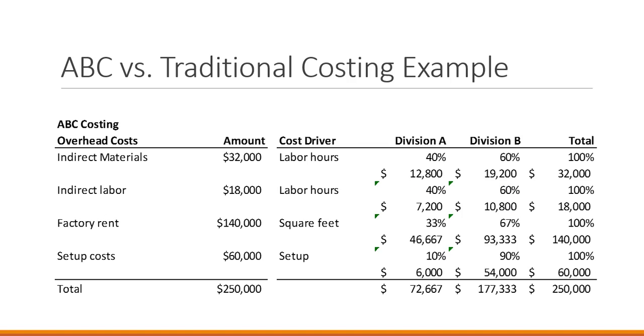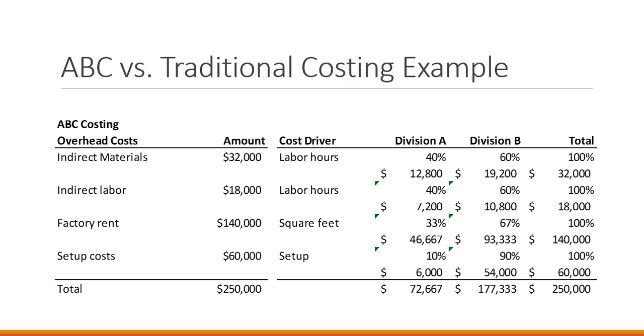So we apply these costs, 4 categories, to our drivers, 3 different drivers, labor hours for the first 2 categories of overhead, and square footage for factory rent, and setup for setup costs. Notice how the percentages change for Division A and Division B, and this is why the end result will be different for the allocation.